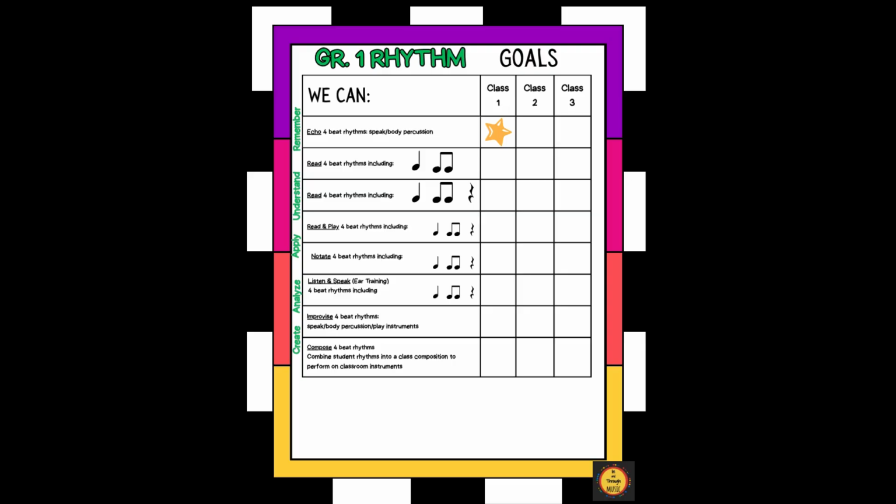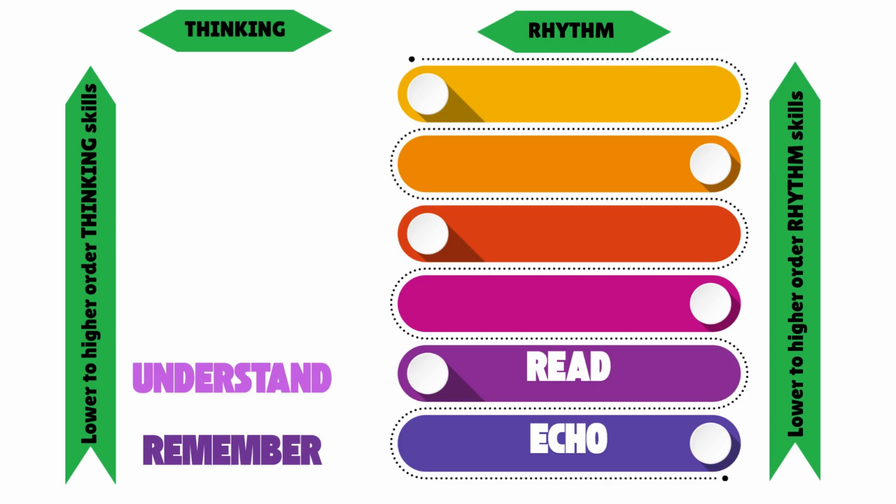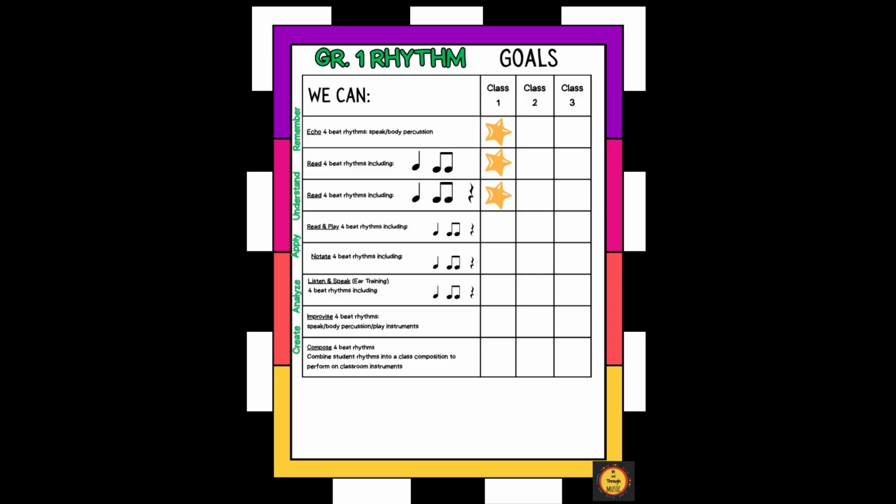As you can see on our grade 1 rhythm goals poster, once students can echo 4-beat rhythms, speaking and using body percussion, they get a star on the chart, and we are ready to move on to the next level of learning. Understanding is the next level of higher order thinking skills, and in music that involves reading in first grade 4-beat rhythms.